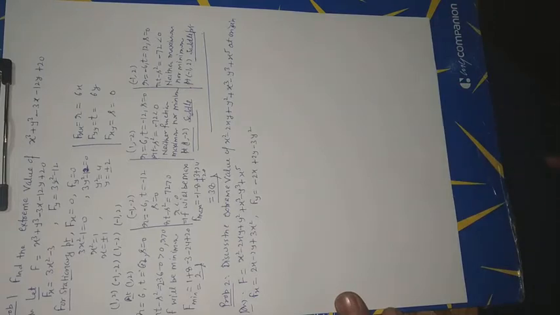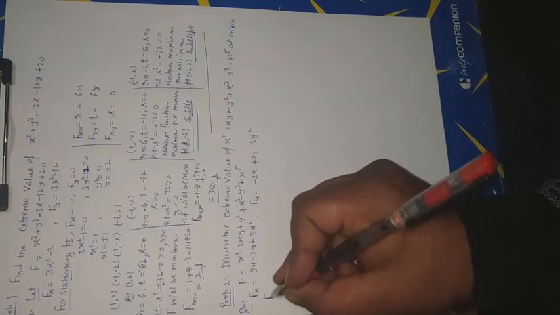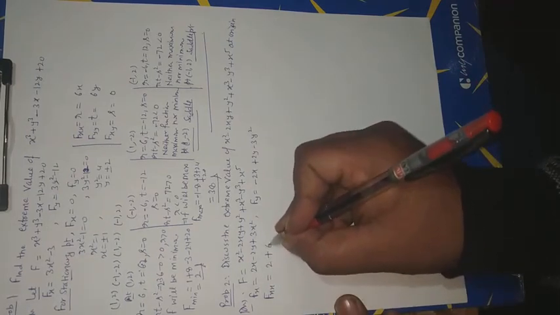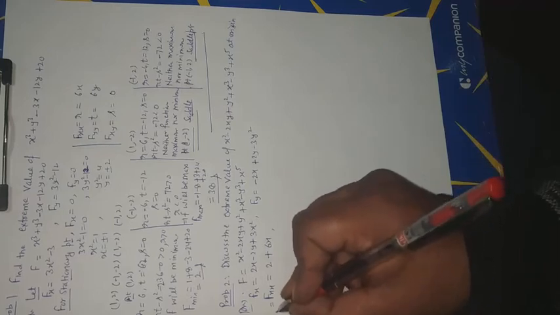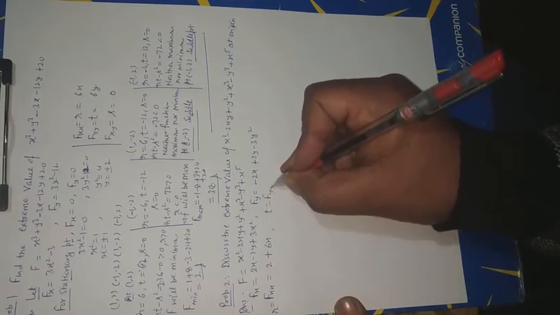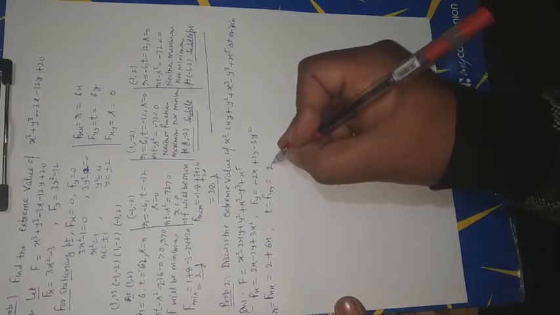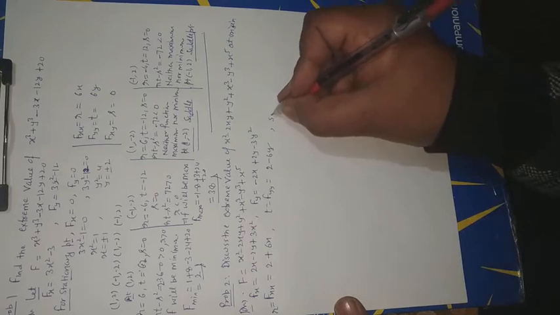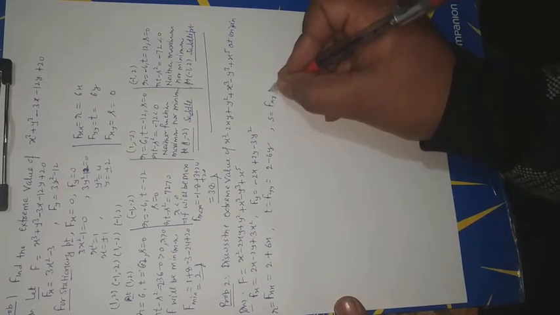Now fxx, denoted by r, is 2 plus 6x. Now t is equal to fyy, which is 2 minus 6y, and s is equal to fxy.